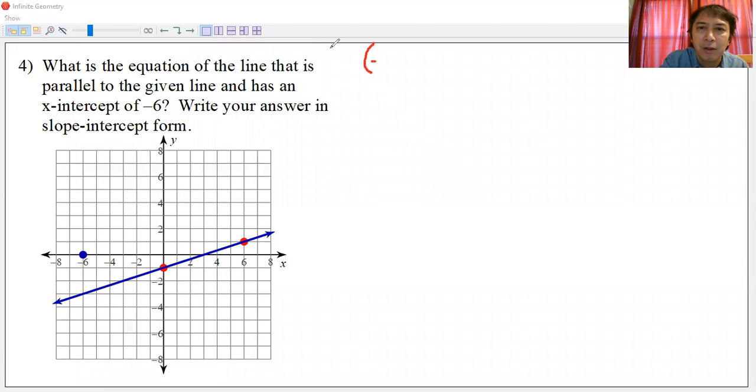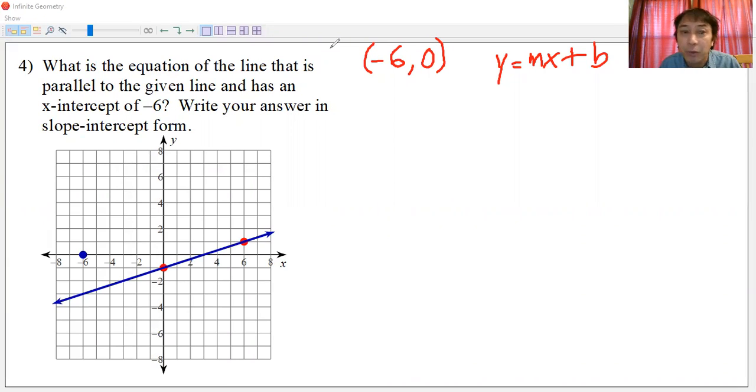There. The required line will have to pass there. Now write your answer in slope-intercept form. Slope-intercept form is, of course, y is equal to mx plus b. There. Write your answer in slope-intercept form.